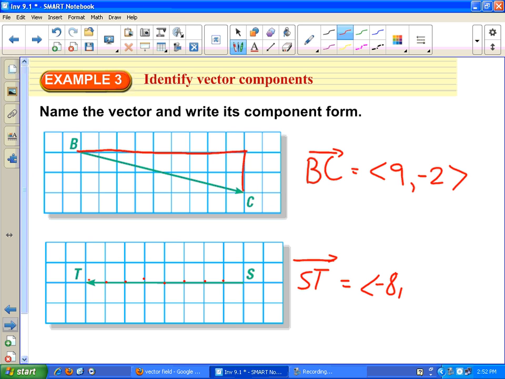And I didn't go up or down, so that's a 0. Main thing to remember here for vectors, negative just means direction, which way I'm going. So if I'm thinking this way is a positive, this way is a negative, I'm going up, that's a positive, down, that's a negative.